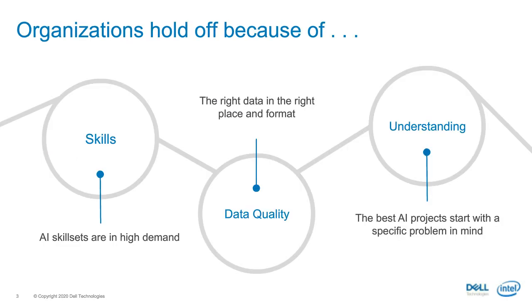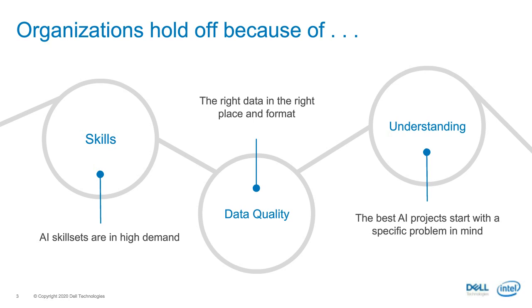So what are the key issues that enterprises are facing today when it comes to adopting AI? Everyone understands the value, everyone understands the ROI of AI projects, but there is still a steep curve in terms of adoption, right? There are three main reasons.